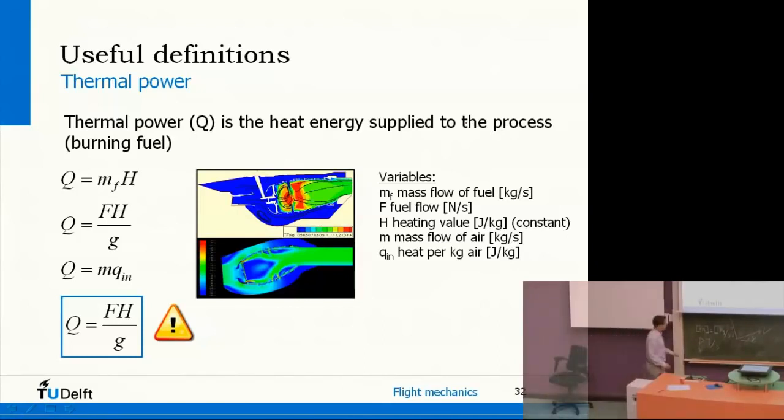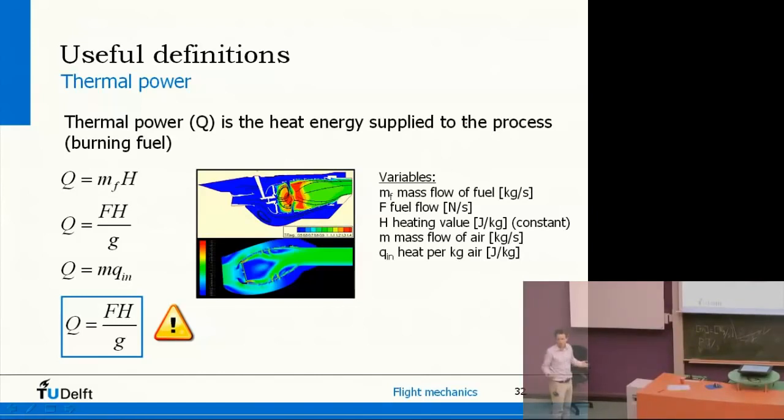Now, since mass flow is in kilograms per second, you can also define it with what we call fuel flow, F, and fuel flow is in fact newtons per second. So if you look at the bottom equation, you have fuel flow over gravity.